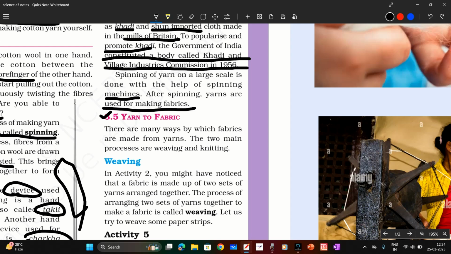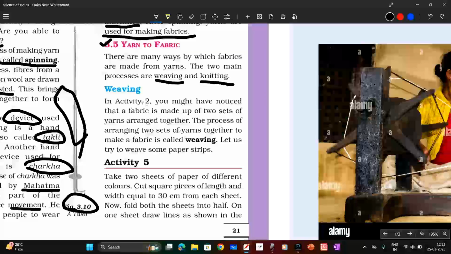The two main processes are weaving and knitting. These are the two processes mentioned in your chapter. Let's see what they mean. Weaving: in Activity 2 you might have noticed that the fabric is made up of two sets of yarn arranged together.